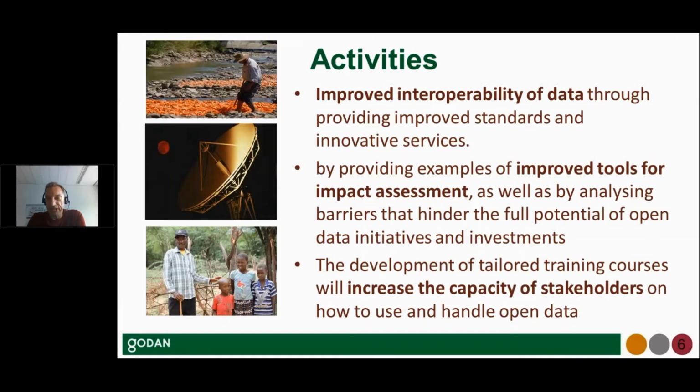That's the first thing. The next thing is developing, well, we say improved tools for impact assessment, because in principle we want to build on the tools that are already available and adapt them in such a way that they are usable for open data initiatives.